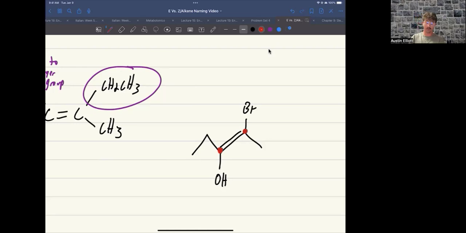In this case, we have a bromine, which is here, and then we have a methyl group. And if you're confused by looking at these, you can also always write in your carbons right here to help show that they are there and you know what group you're looking at.